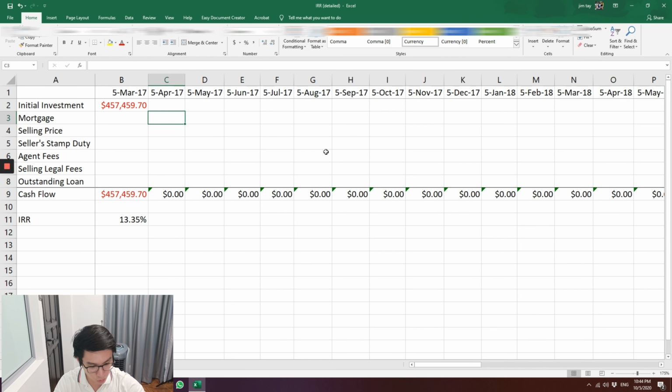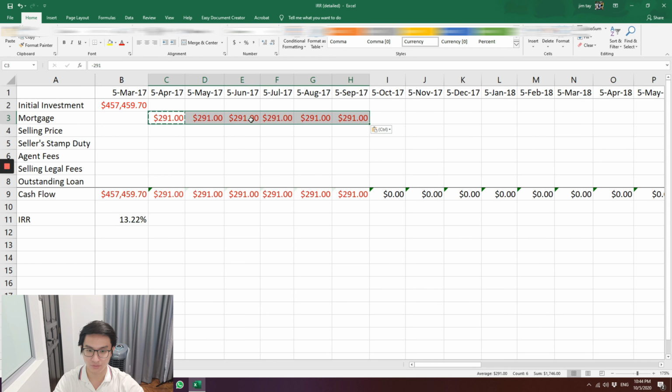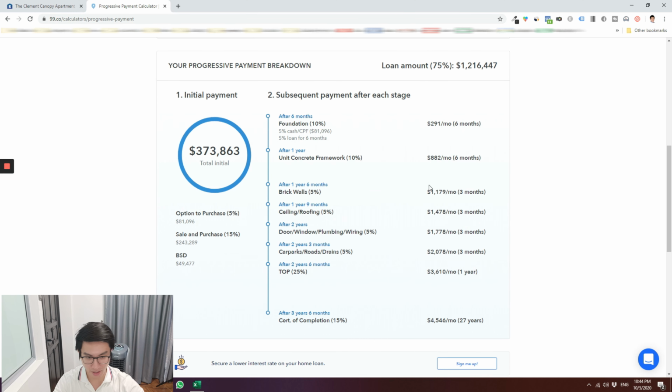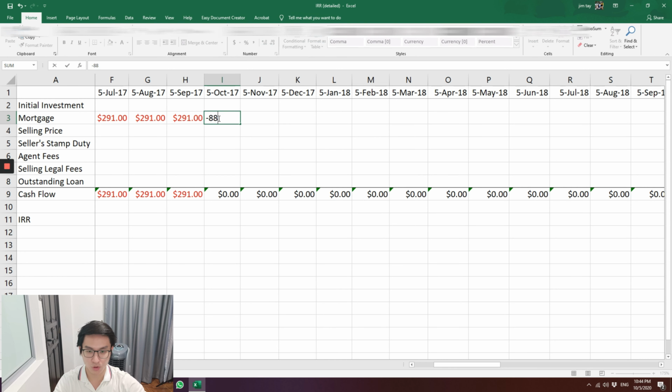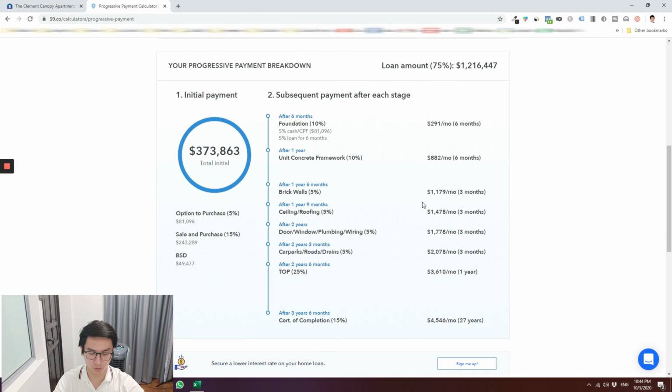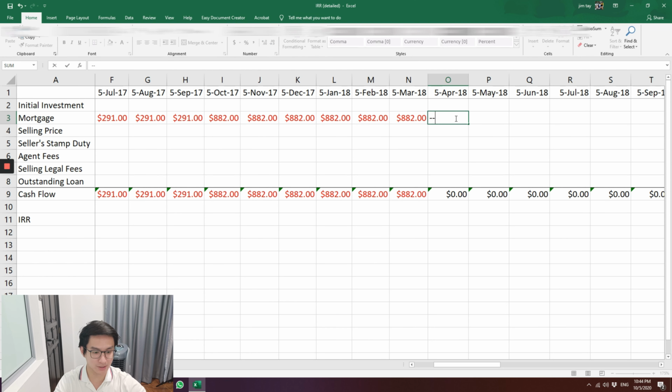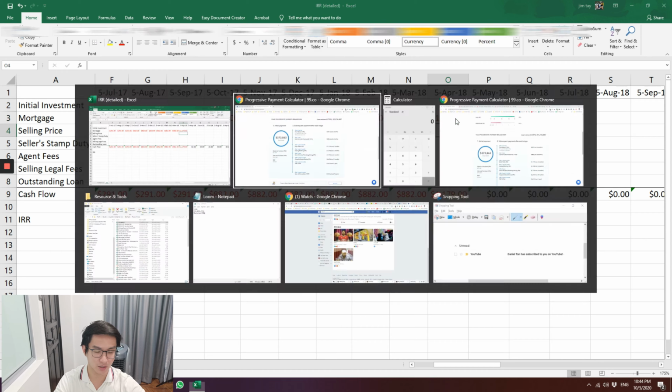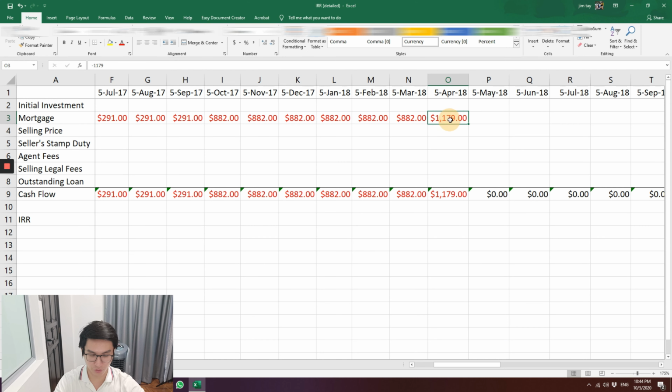It starts with 291, which is a negative figure as it is the outflow, for 6 months. Then 882 for the next 6 months. Followed by 1179 for 3 months.